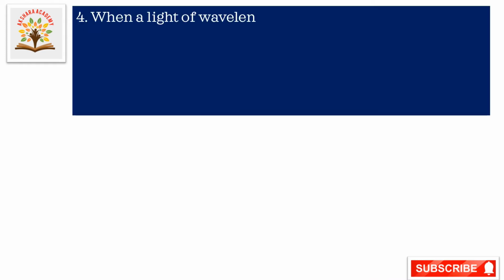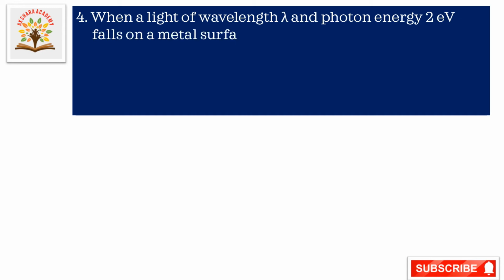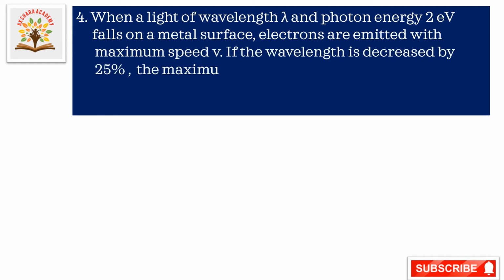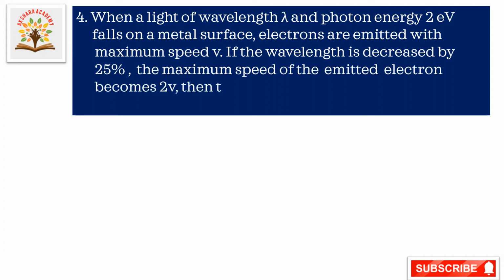When a light of wavelength lambda and photon energy 2 electron volt falls on a metal surface, electrons are emitted with maximum speed v. If the wavelength is decreased by 25%, the maximum speed of the emitted electron becomes 2v. Then the work function is?